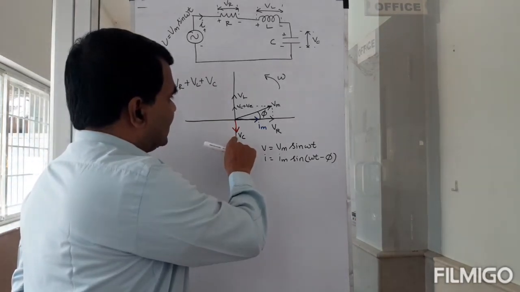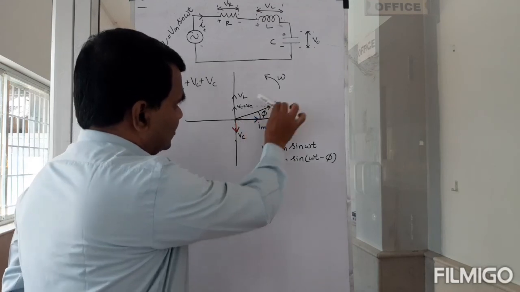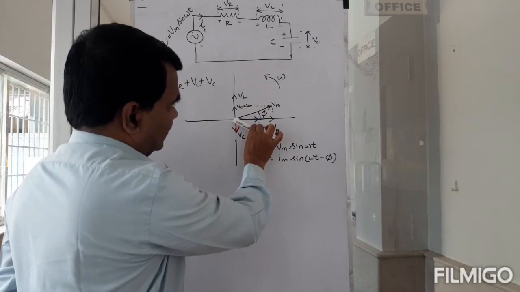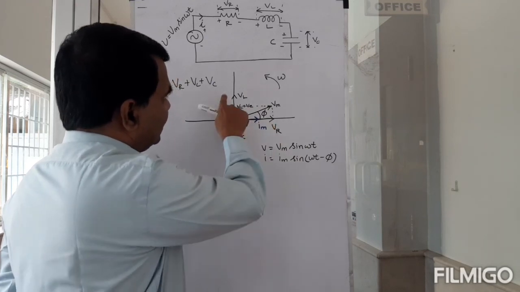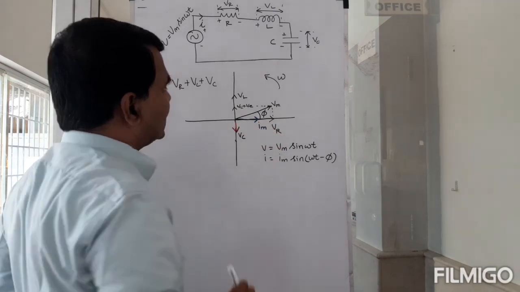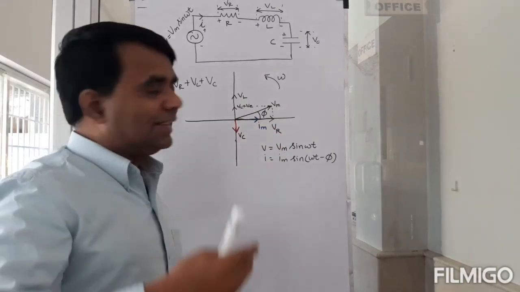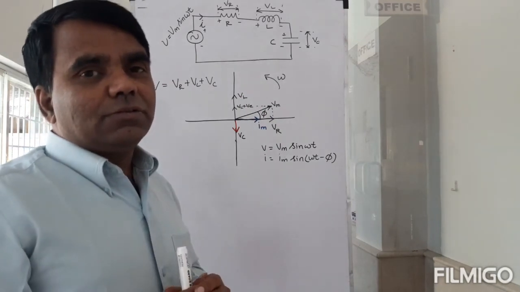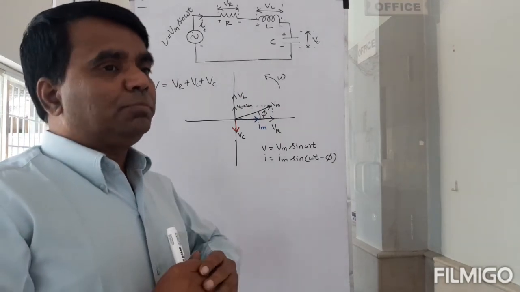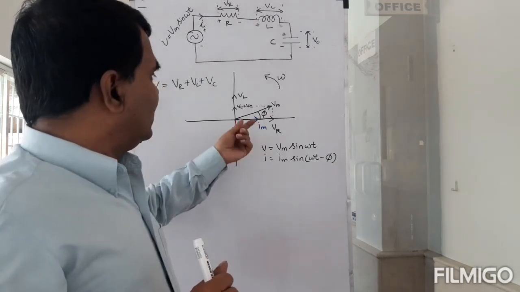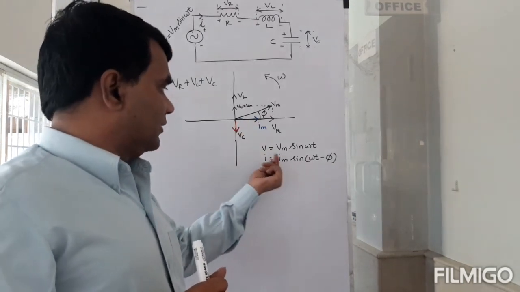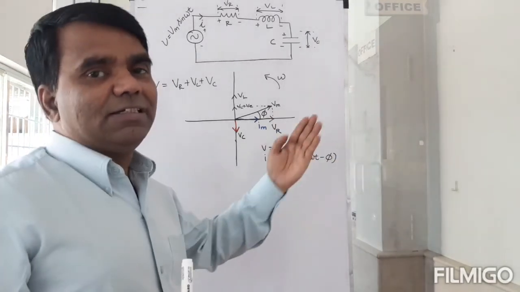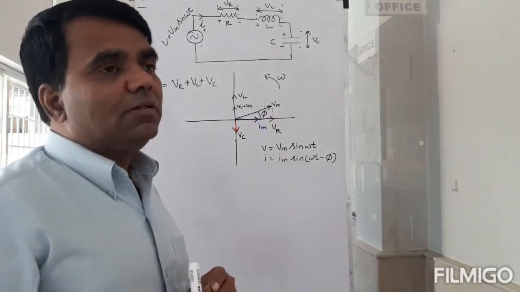If you add that with this, then V would be here. In that case, I will be leading the voltage, so this equation will be slightly different. Then I will be equal to Im sine omega t plus phi. I will be leading the voltage.